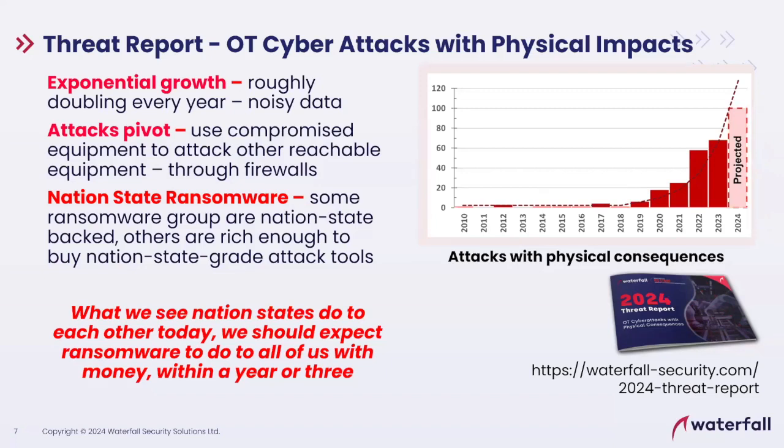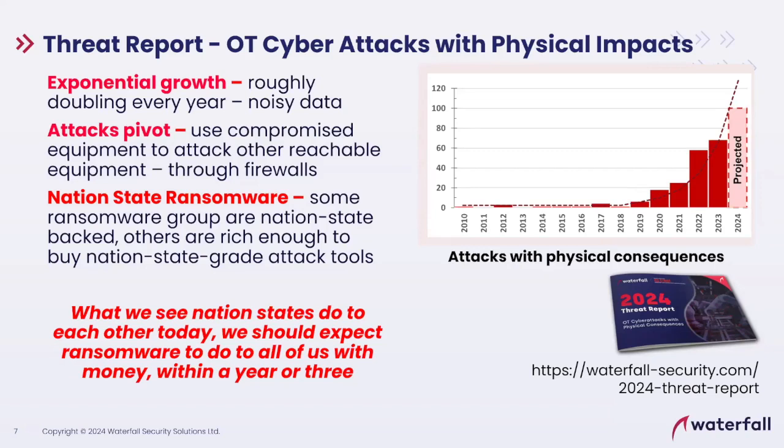And eventually pivot through firewalls into the OT network and work their will upon the OT network, usually encrypting stuff. This is the modern attack pattern. Attacks pivot from the internet into the IT network, into the OT network. Some of these ransomware groups are backed by nation states.